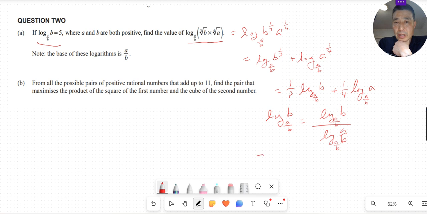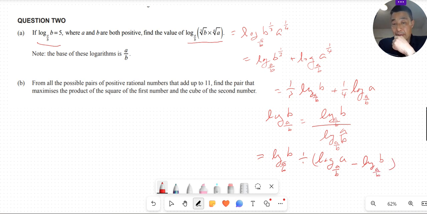So what I'm saying is equals log b to the base of a over b divided by log a to the base of a over b, take away, because divide, log b to the base of a over b.